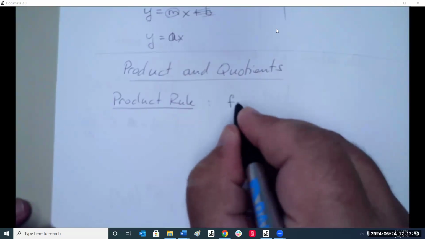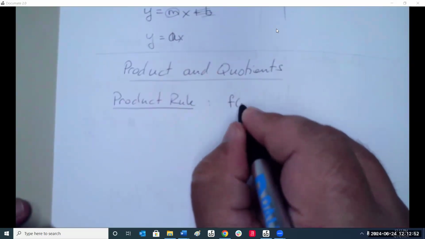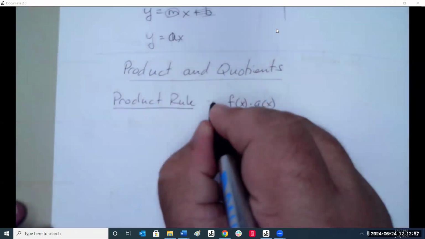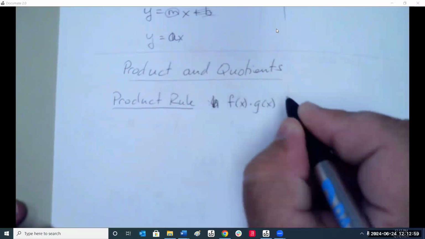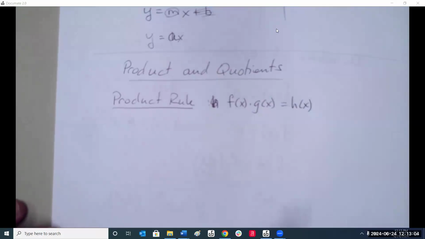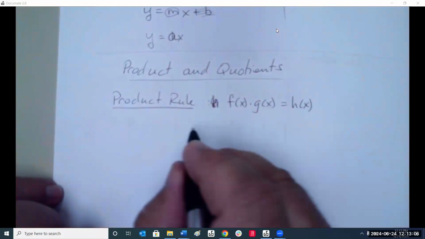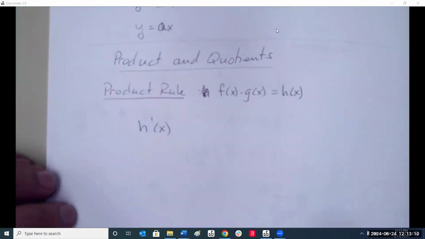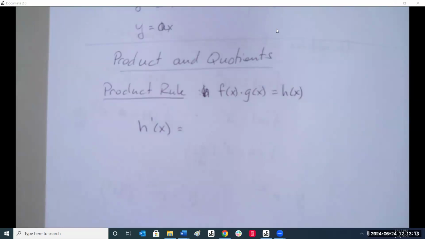So we have two functions, f of x times g of x. Let's say that equals h of x. To find the derivative of h of x, I'm going to show you a shortcut that will work for both the quotient and the product rule. Call it the fishy rule.